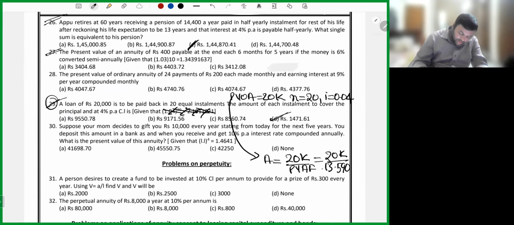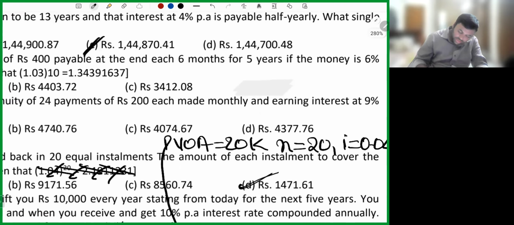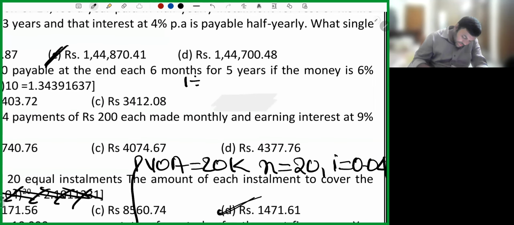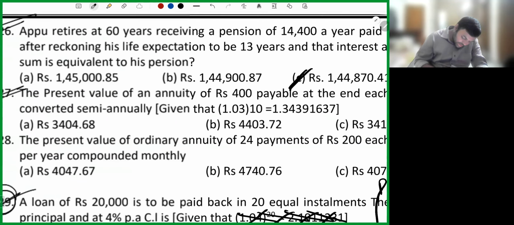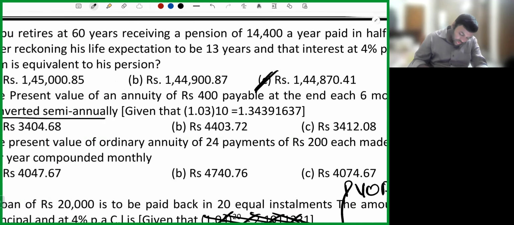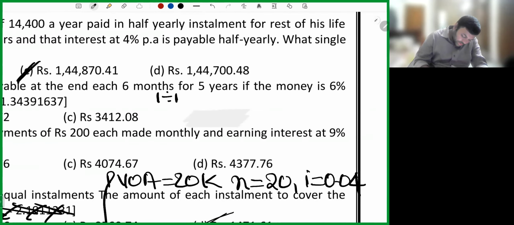Now, what is A here? The value of A is 400. How will you get present value annuity factor? 1 divided by 1 plus I. Be careful, it is 6% converted semi-annually. For the whole year, it is 6%. Then for half year, it will be 3%. So 1 divided by 1.03 equal to symbol.